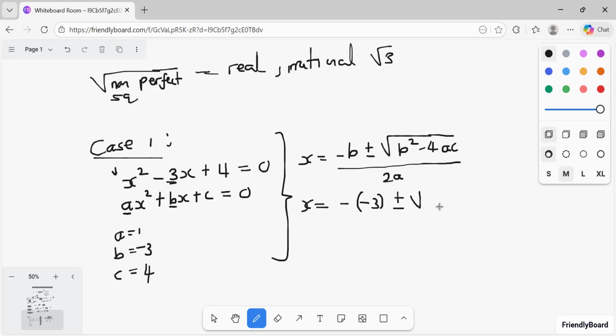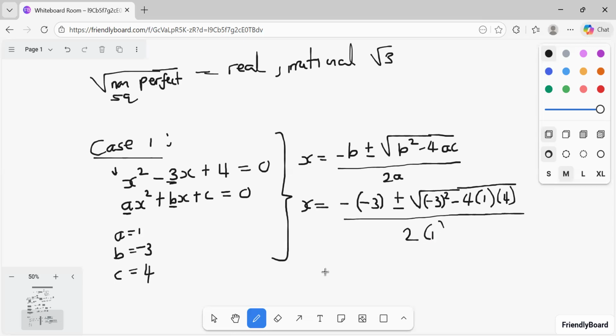Our b is minus 3, remember? So I'm going to write minus 3 squared, minus 4. What is our a? Our a is 1. I'm going to put 1 here. Our c is 4. Then I'm going to put 4 there. Right. Then over 2a. Then 2 times 1 because a is 1.